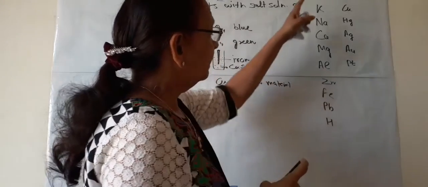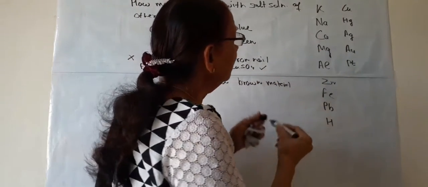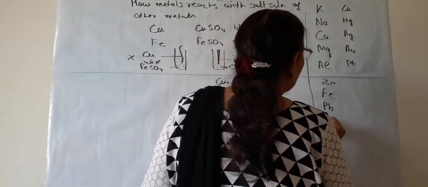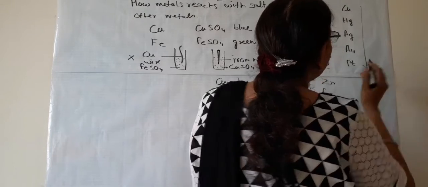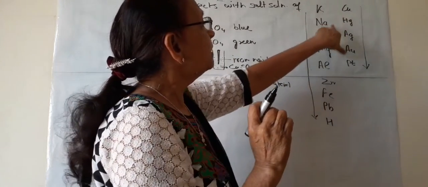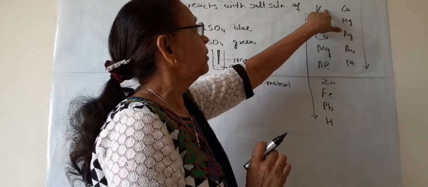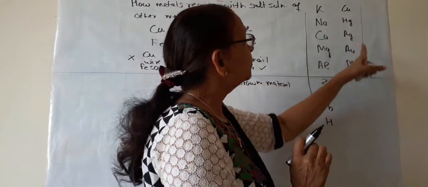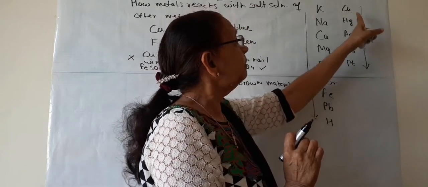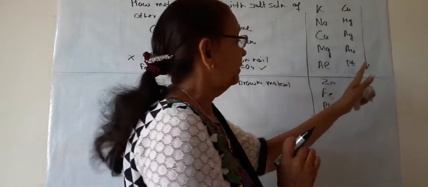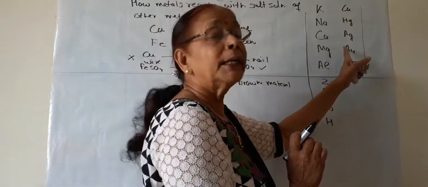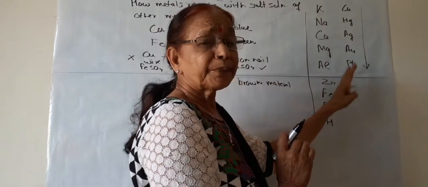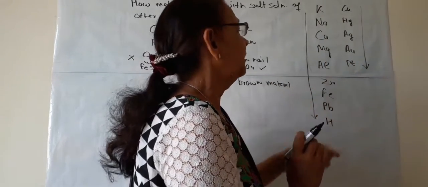And we know that this is the reactivity series in decreasing order of reactivity of metals. What does it mean? It means the metals on the top, potassium, sodium, calcium, magnesium, are most reactive, and silver, gold, platinum are least reactive, and these are in the middle order. They are mildly reactive. So this is the reactivity series of metals.